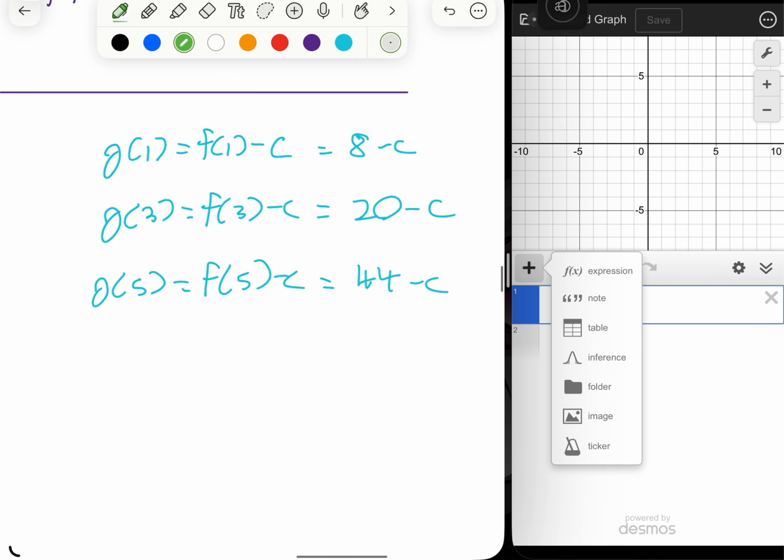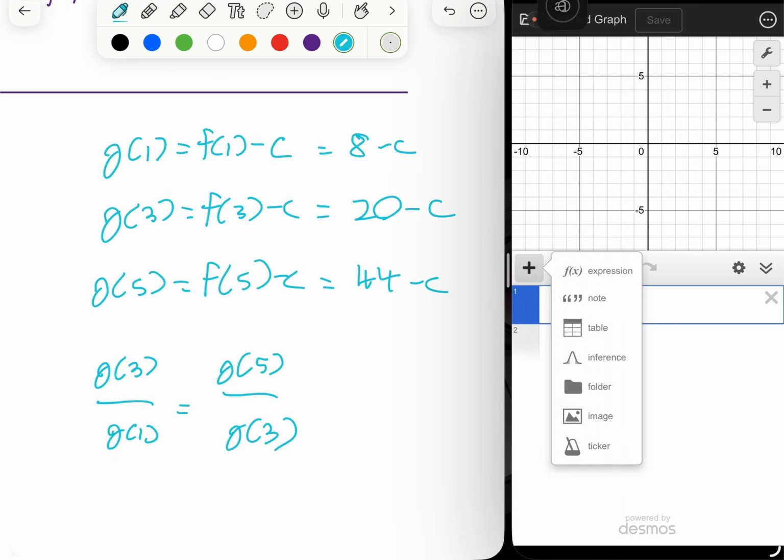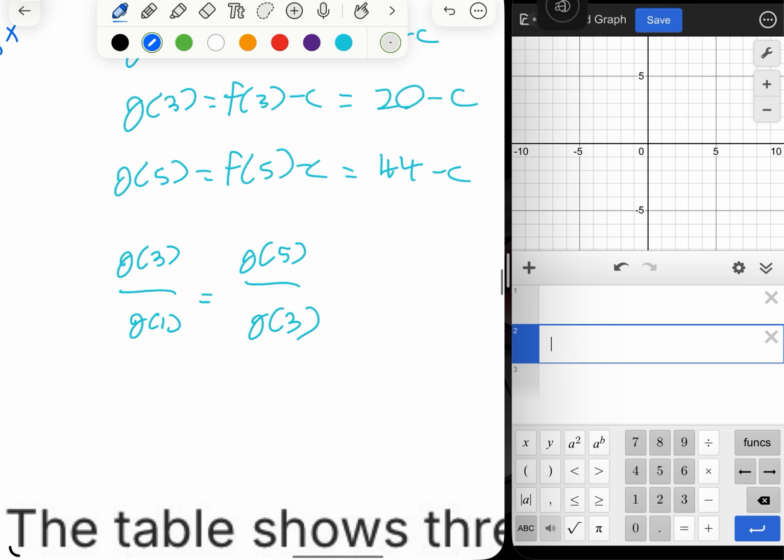So you can say that g of 3 divided by g of 1 equals g of 5 divided by g of 3. Again, this goes back to what I was talking about earlier with 2 to the x. 2 to the 1 is 2, 2 to the 3 is 8, 2 to the 5 is 32.